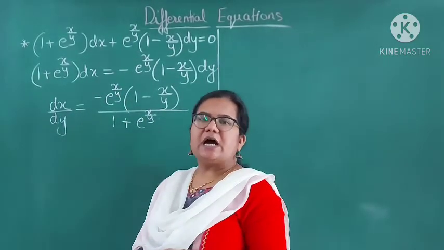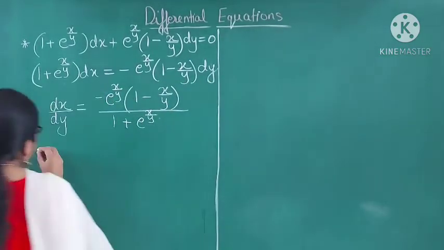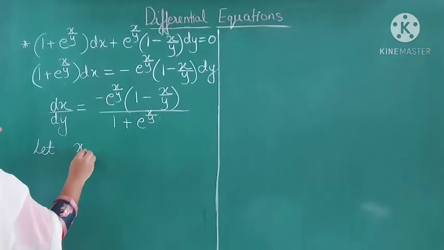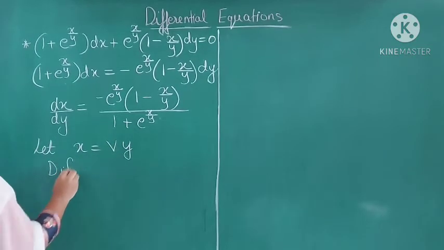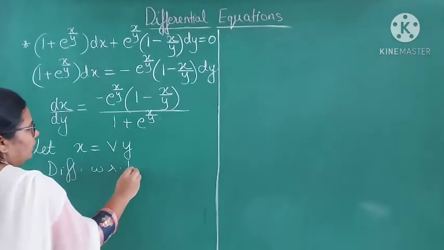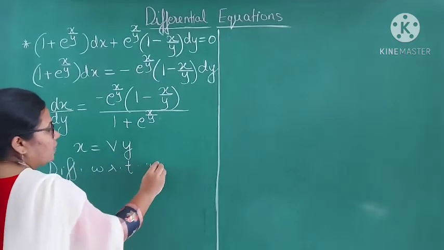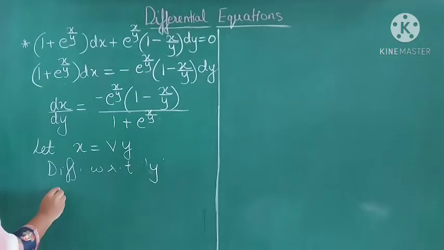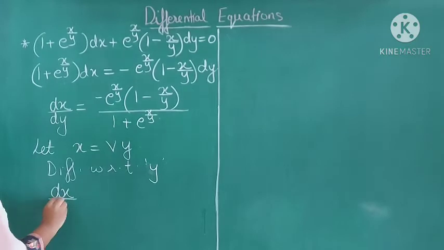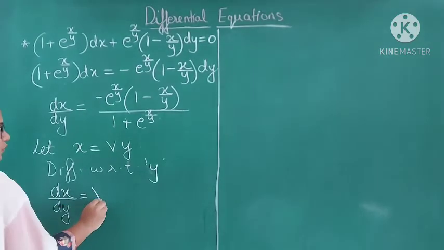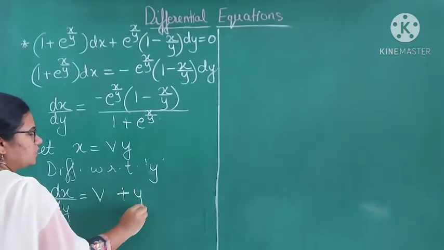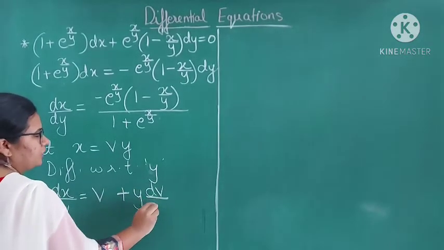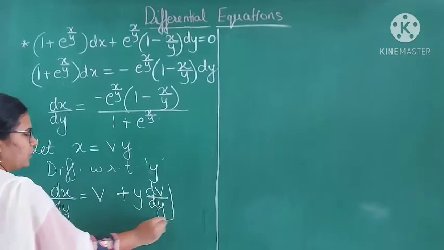The next will be our substitution. So let x equal to v into y, differentiate with respect to y. Yes, so dx upon dy will be equal to v, derivative of y with respect to y is 1, plus y, derivative of v with respect to y is dv upon dy.